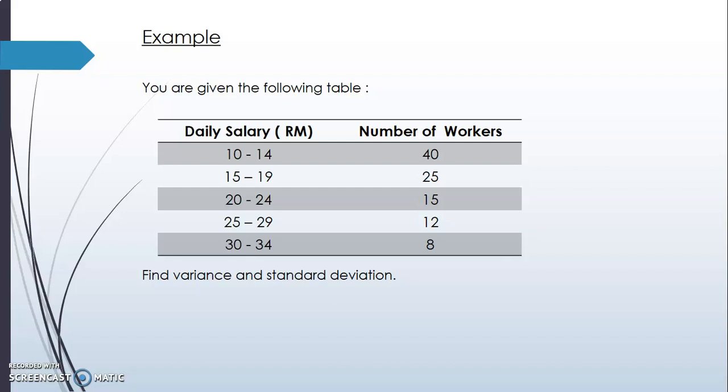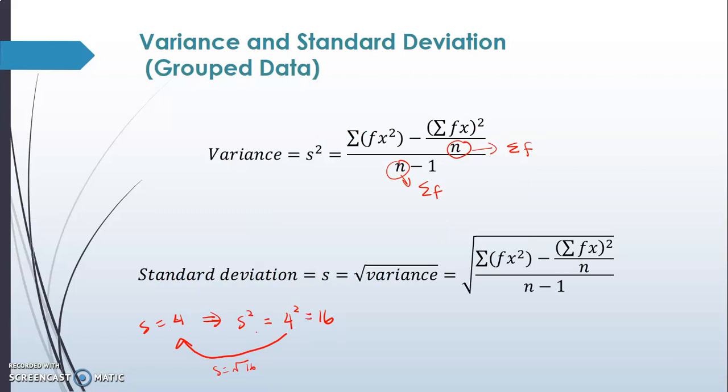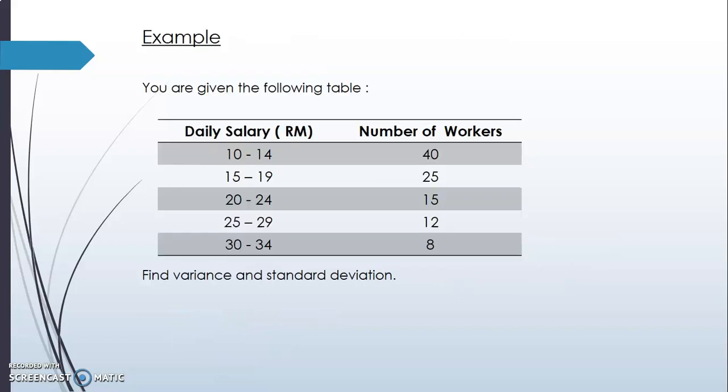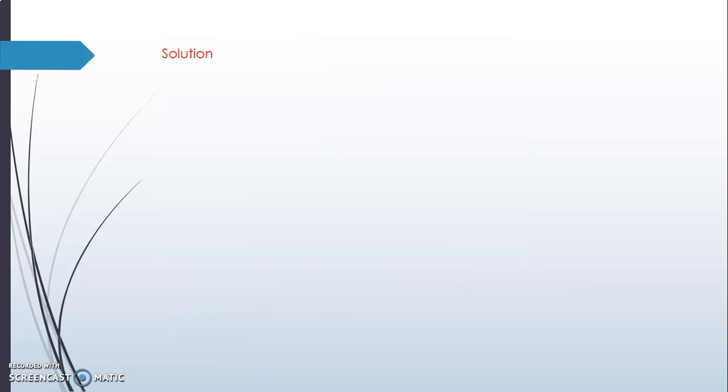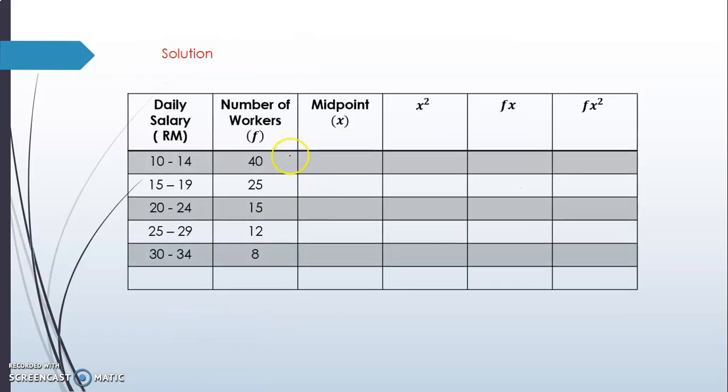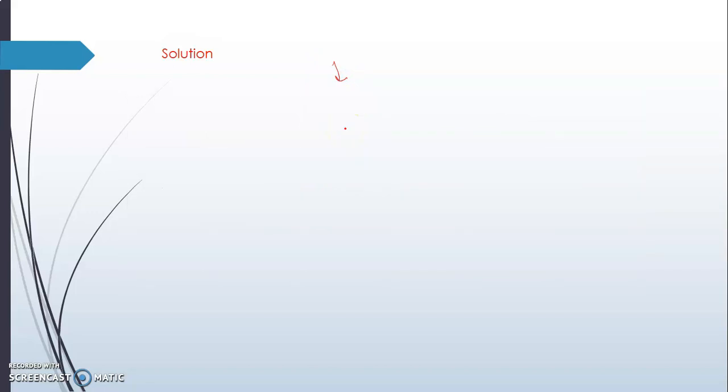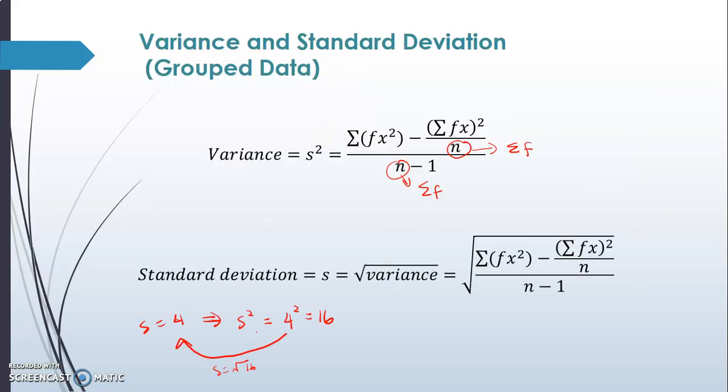Okay, so refer back to this formula. To find the variance, we need x. X refers to the midpoint. So in your frequency table, please add one column for midpoint. Midpoint is our x. And then we need x square, because x square is in this term here.